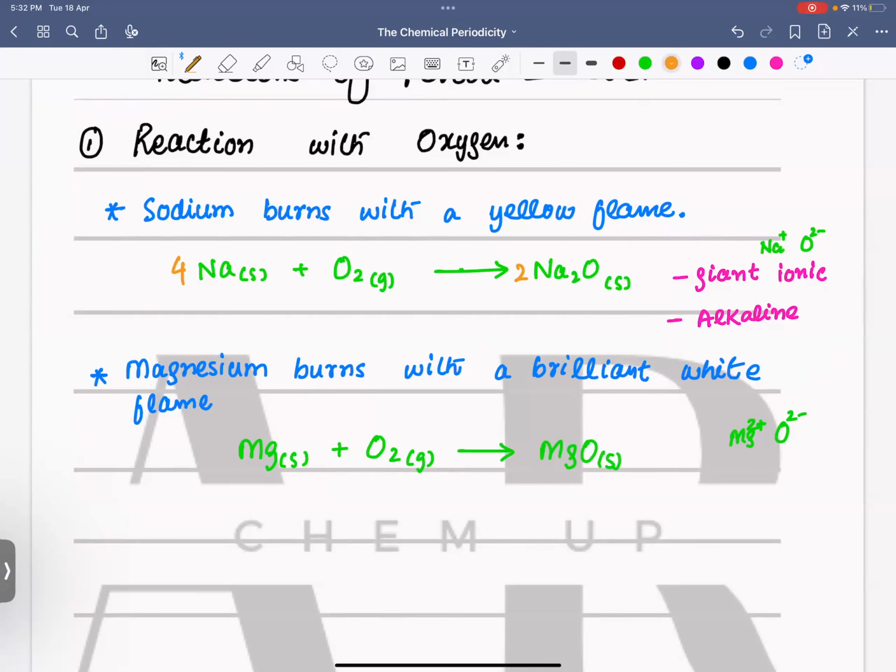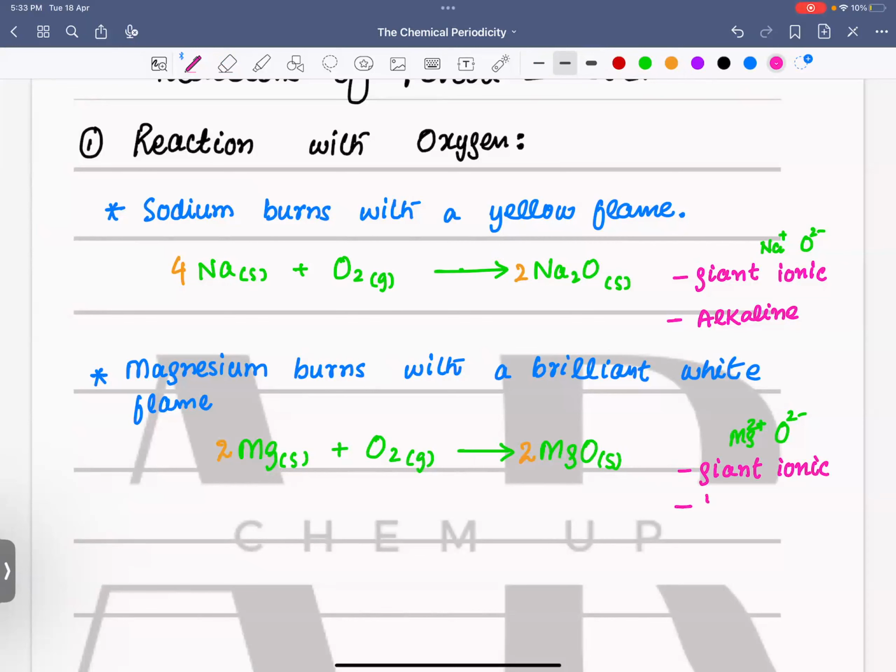And to balance this formula, I have to put 2 over here and 2 over here. Is this clear? Yes sir. Okay. Now, one observation was that the brilliant white flame is observed. Besides this, the other two characteristics that we say about this magnesium oxide is, again, it's an ionic substance, so it's a giant ionic.